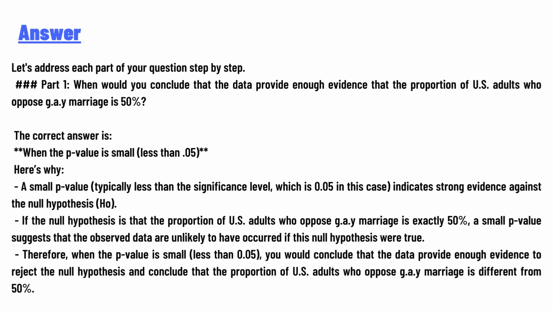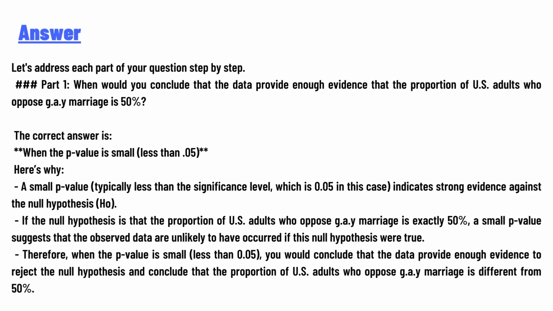And the answer to the question: let's address each part of your question step by step. Part 1: when would you conclude that the data provide enough evidence that the proportion of US adults who oppose gay marriage is 50%? The correct answer is when the p-value is small. Here's why: a small p-value indicates strong evidence against the null hypothesis.